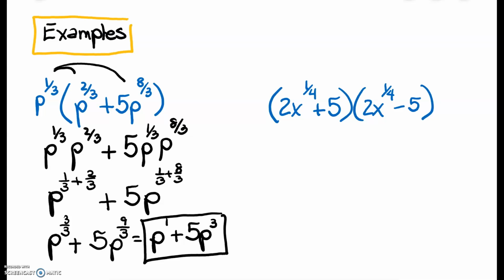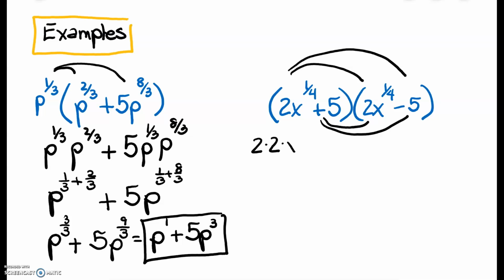These are not like terms because my variable with its exponent is not the same in both terms, so I'm finished. So for this one, I'm going to distribute a binomial across a binomial. That's called foiling. So I'm going to get, when I do 2x to the 1/4 times 2x to the 1/4, I need to make sure that I multiply my 2's.